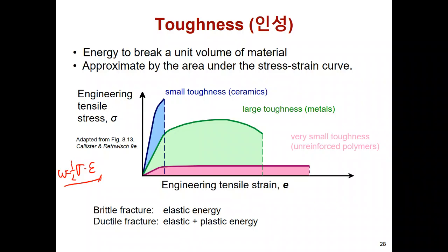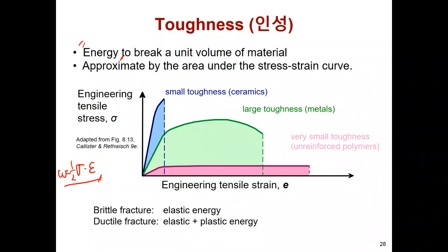So the area can be said to be the energy stored in the solid material. After it breaks, we can sum the total energy, and that's the toughness. If it has a large toughness, it can store a lot of energy, but a small toughness shows a small area.